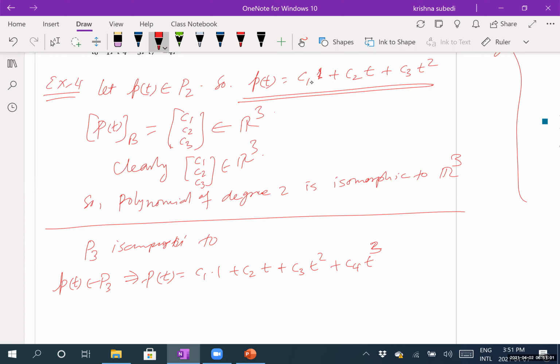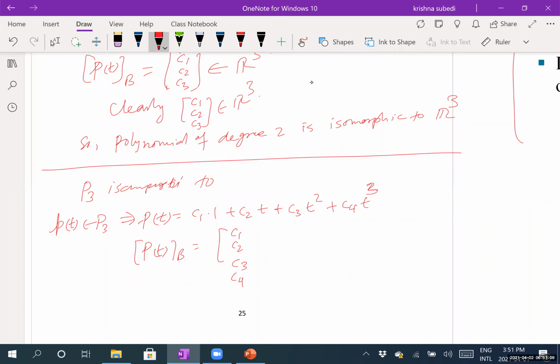So the B coordinate is C1, C2, C3, C4. All we can say is that this belongs to R4. So polynomial of degree 3 is isomorphic to R4. So you can prove it that way. Not a big deal.